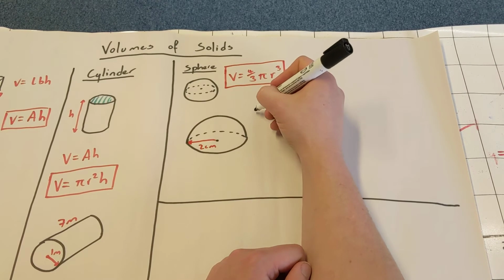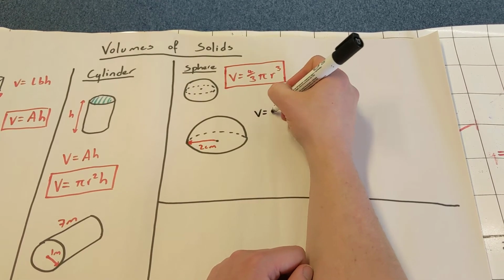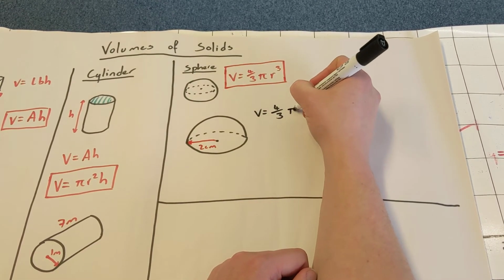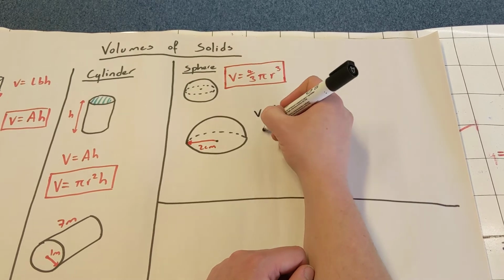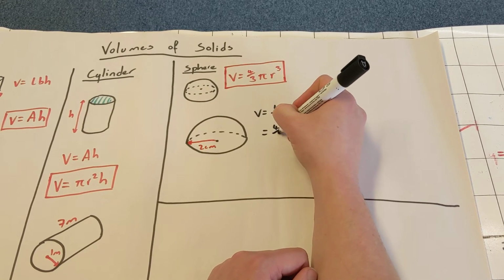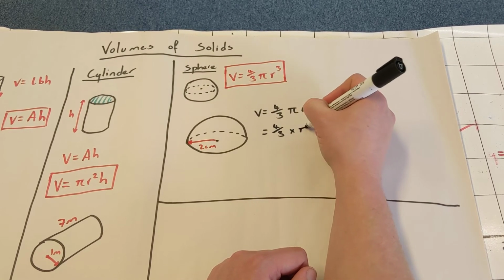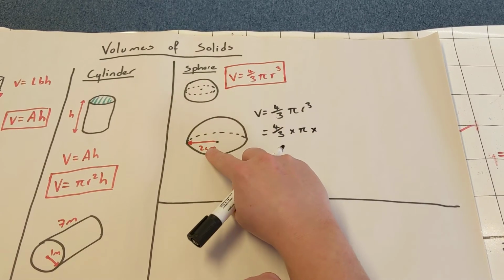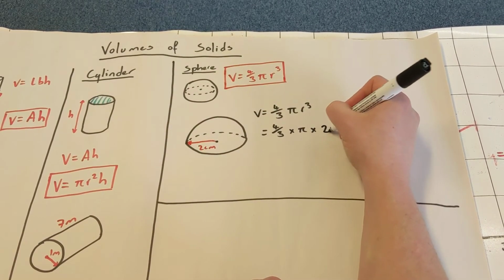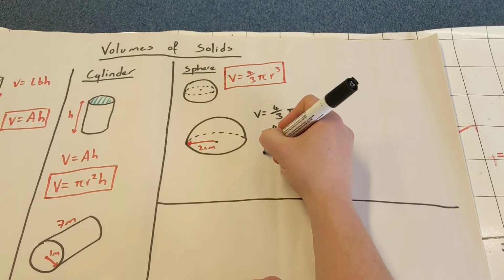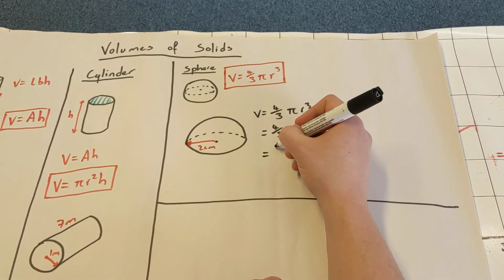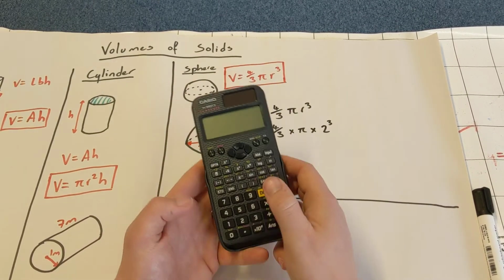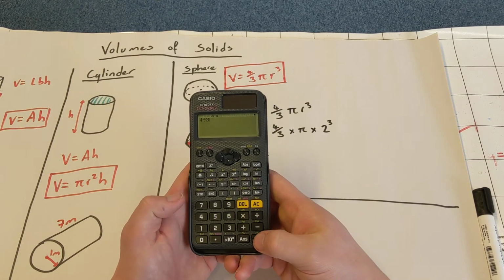So, volume is 4/3 pi r cubed. So that equals 4/3 times by pi times by the radius cubed. The radius here is 2, so times by 2 cubed. And so that equals, let's do it on a calculator. Let's do 4 divided by 3 and get that.